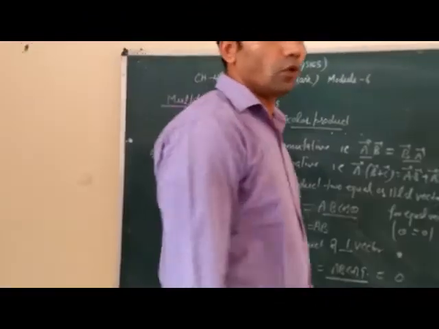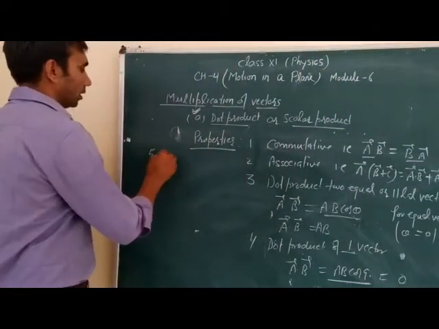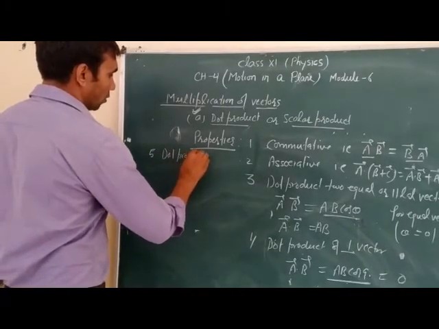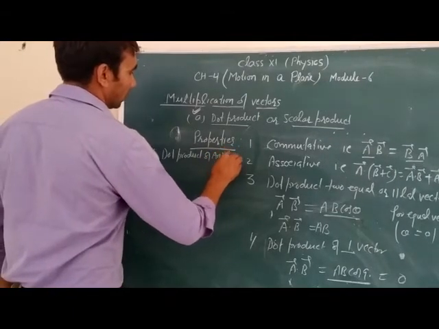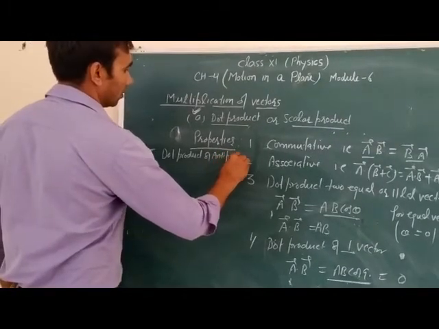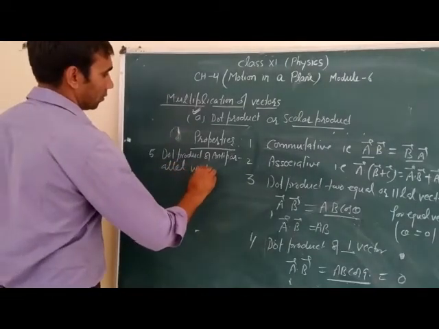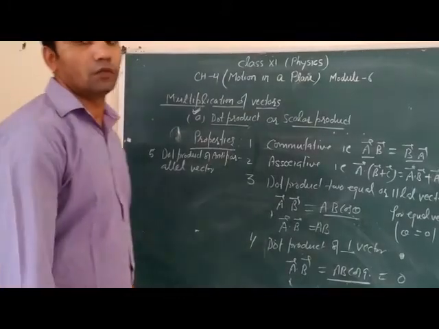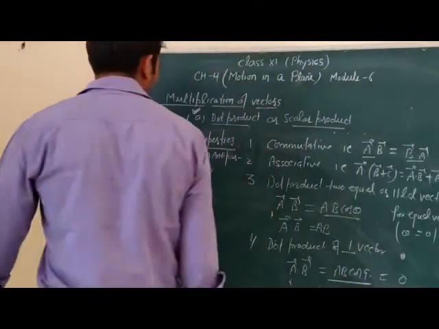Now, property number 5: dot product of two anti-parallel vectors. Anti-parallel vectors means the angle between vector A and vector B is 180 degrees.